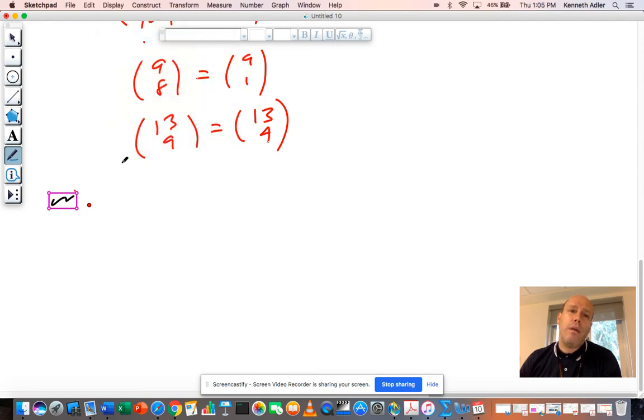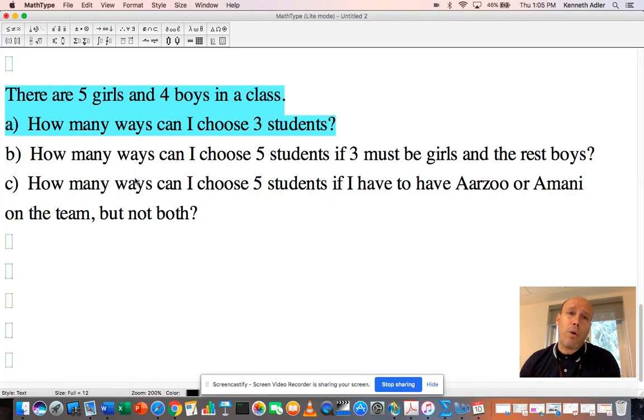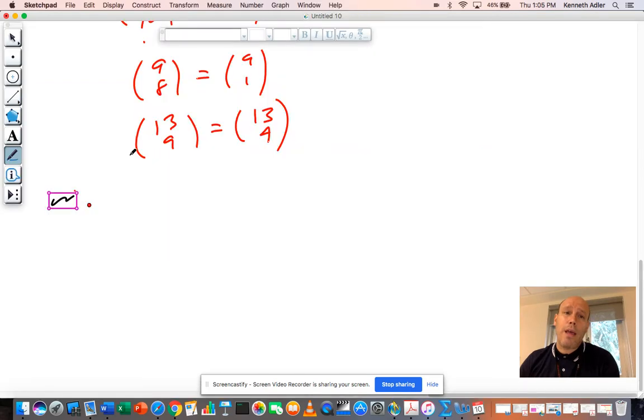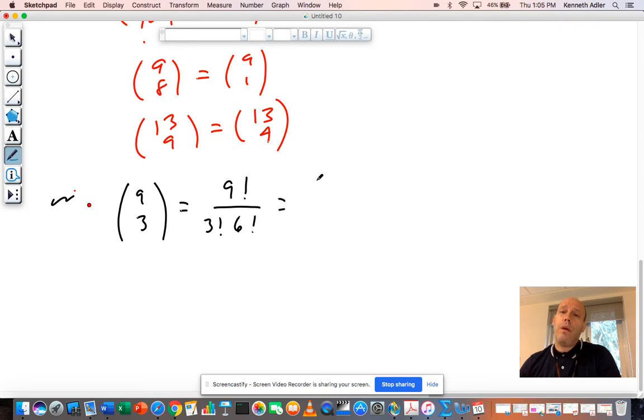To black. We know from the example that there's 9 kids in the class, and I need to choose 3. Okay, that's easy. 9 factorial over 3 factorial times 6 factorial. 9 times 8 times 7 times 6 factorial over 3 times 2 times 1 times 6 factorial.